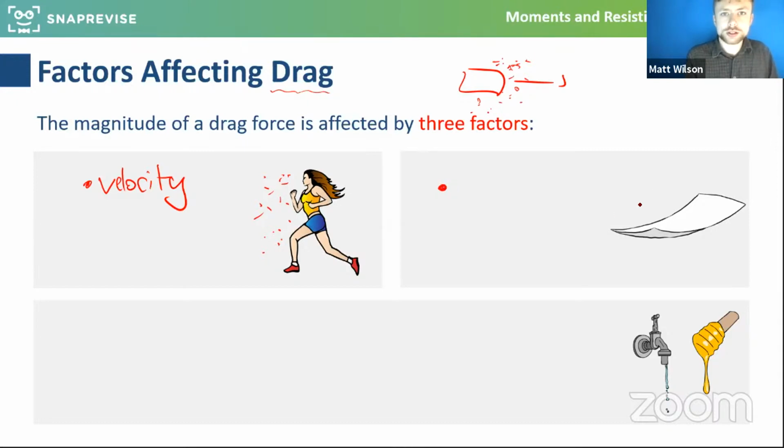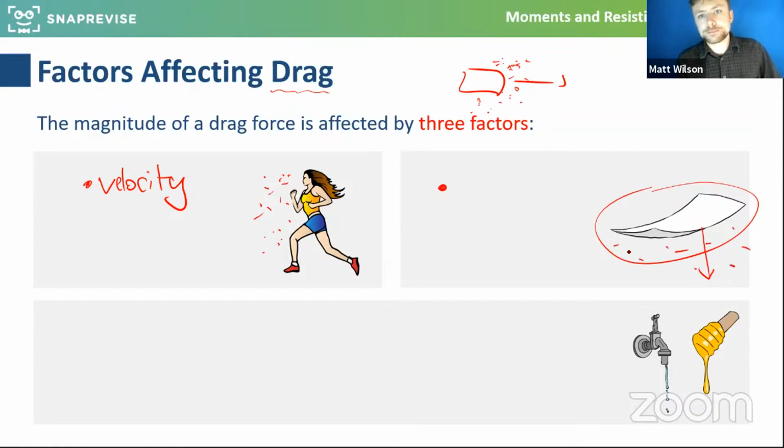What might this picture represent? There's something about this object here that means, as it tries to fall in this direction, it feels a lot of drag. In casual terms, you might say it's not very aerodynamic. What is it about this object that means it's going to bump into a lot of particles below it? Yeah, nice. It's got a big area in the direction of motion.